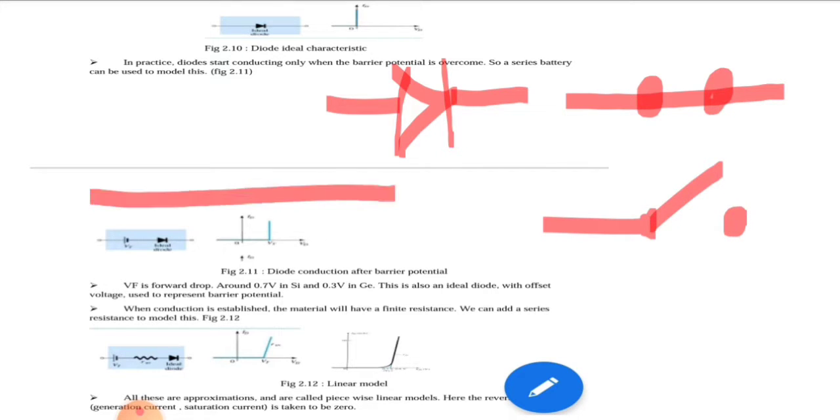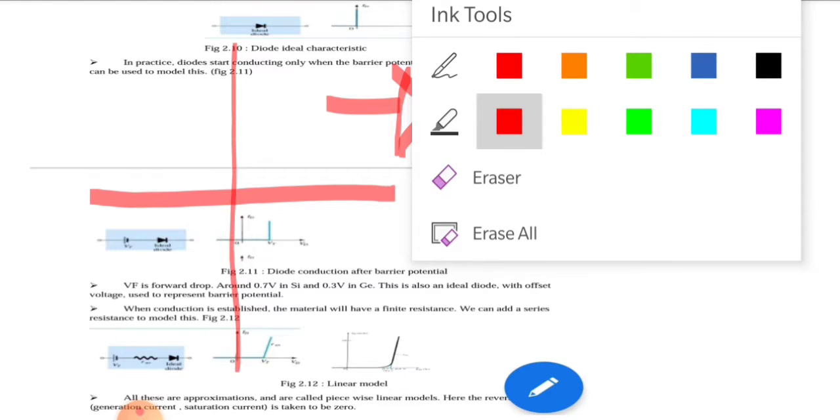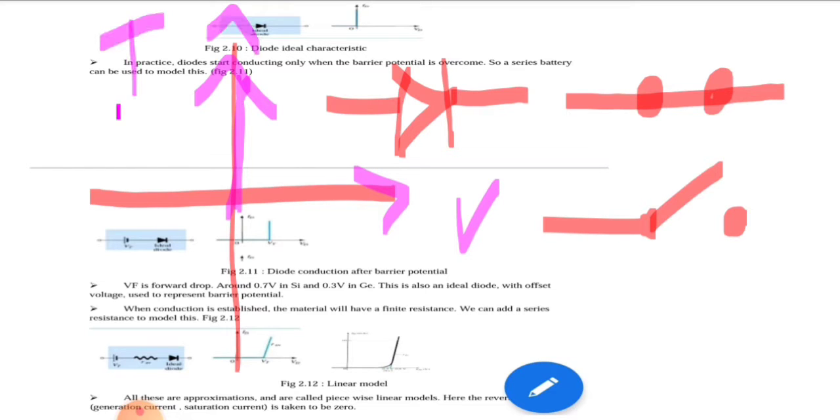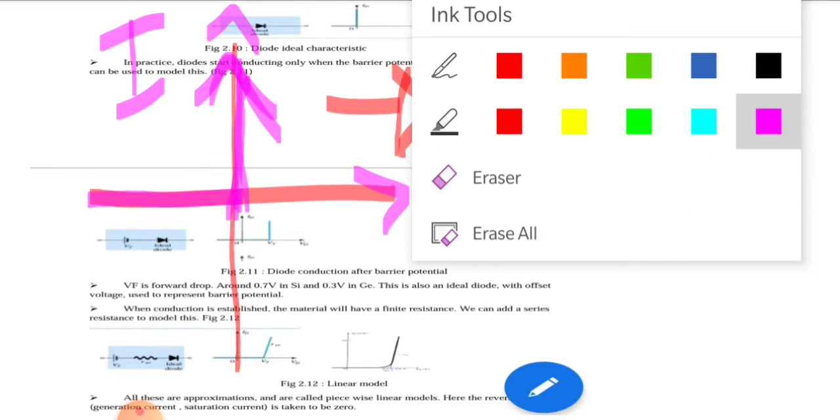So we can draw the characteristics like this. This is voltage and this is current. During forward bias there will be a current, during reverse bias there is no current.